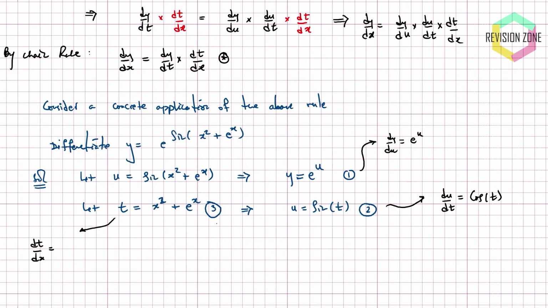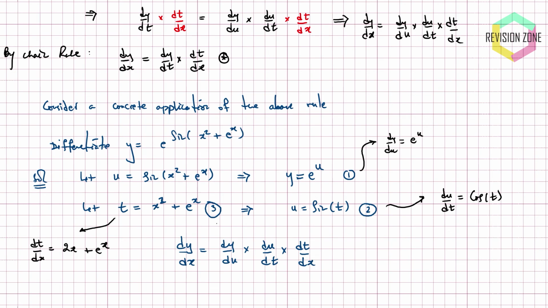So x squared differentiated is 2x, and then e to the x differentiated is just e to the x, right? I'm glad I did this in black, because what that then means is I can easily see my answers. So dy by dx is dy by du times du by dt times dt by dx.